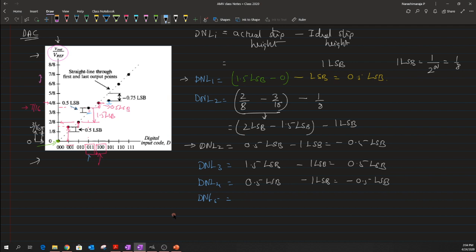So I write that it is 0.25 LSB minus this 1 LSB, which is the ideal step height, and that should give us a value which is minus 0.75 LSB, and then we have this DNL of 6.